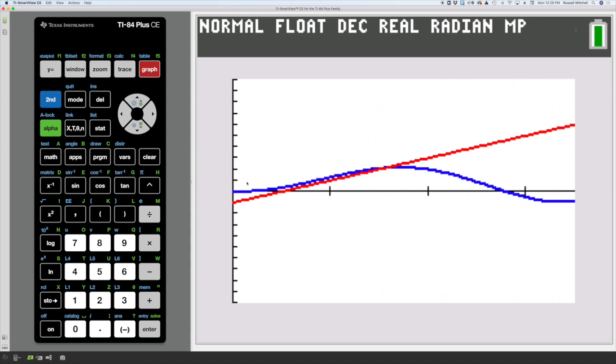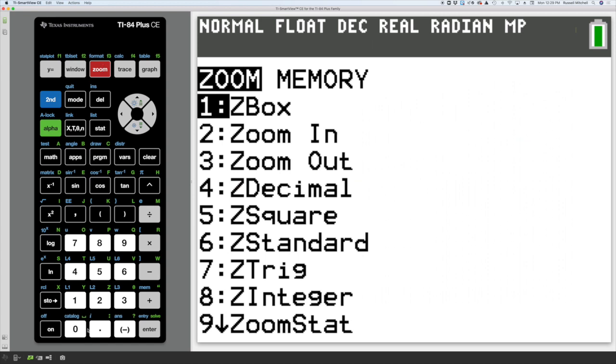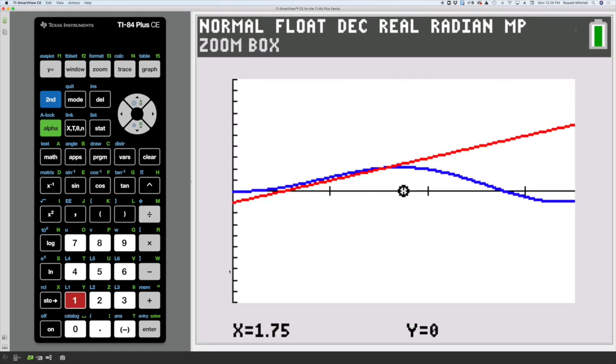Okay, so it looks like it's only going to happen right here. I'm going to do a zoom box. I'm going to show you something. You wouldn't necessarily have to do this on this problem, but I just want to show you a feature that you might want to use. We're going to zoom box to get a good window. I want to go above where they intersect at least, to the maximum.